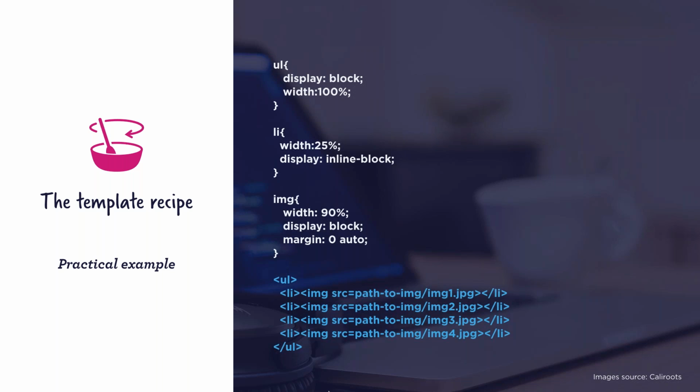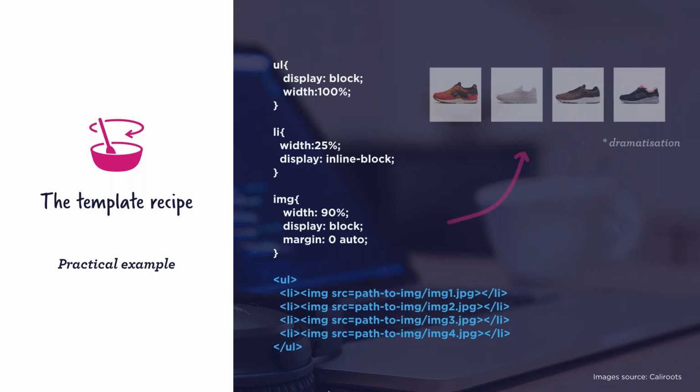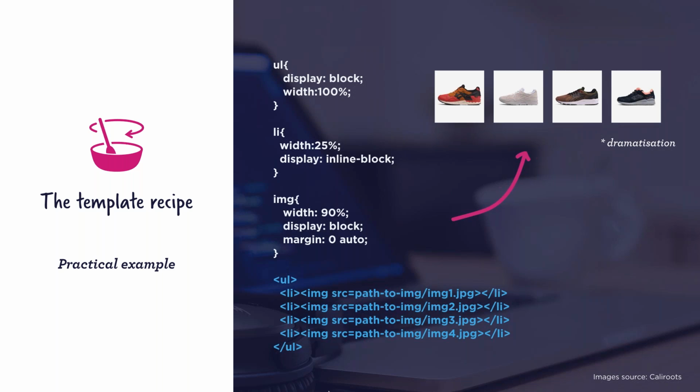And here you can see how this is structured within HTML, which in the end is going to look something like this. Like 4 images, one close to the other, and that's easy like that.